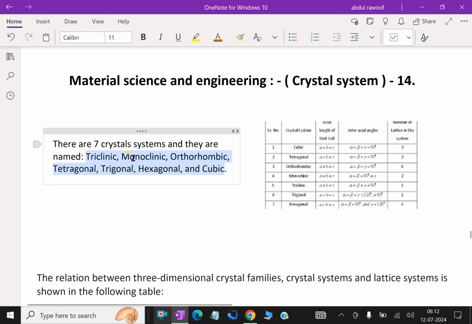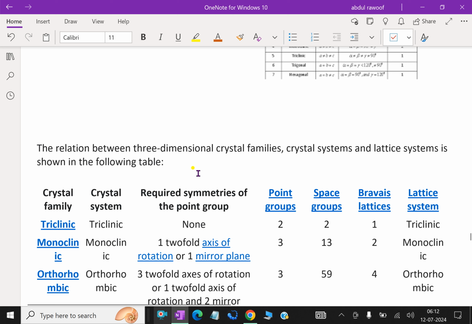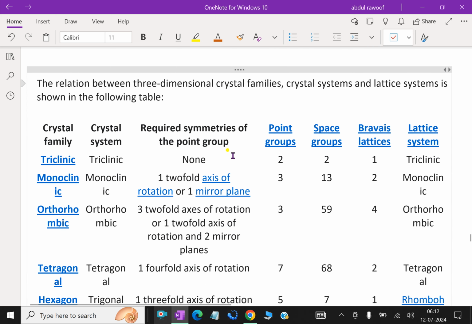There are 7 crystal systems and they are named Triclinic, Monoclinic, Orthorhombic, Tetragonal, Trigonal, Hexagonal and Cubic. The relationship between 3-dimensional crystal families, crystal system and lattice system is given in the following table.